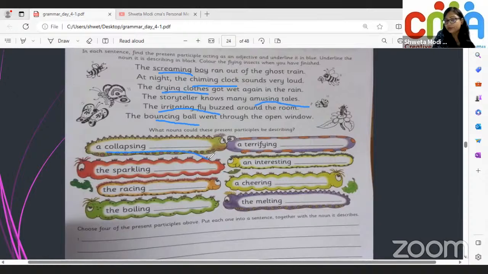A collapsing chair. You can write sparkling. What will come? Write in the chat box the answers for all these. And write the complete phrase, a collapsing chair, because otherwise I won't understand what you are trying to say. Right?